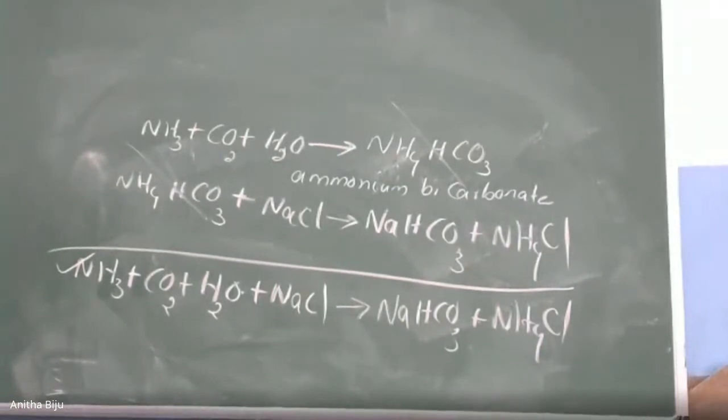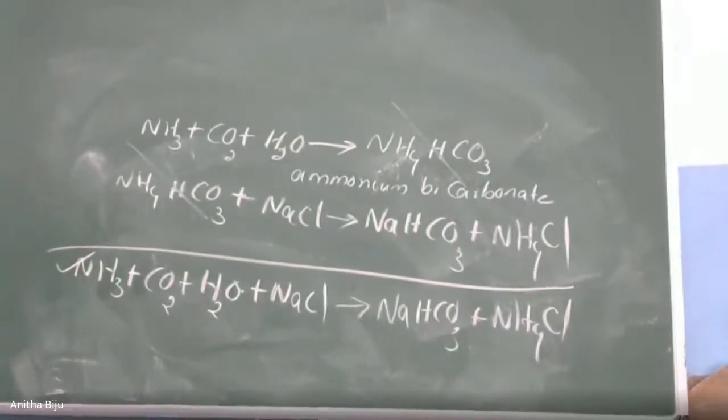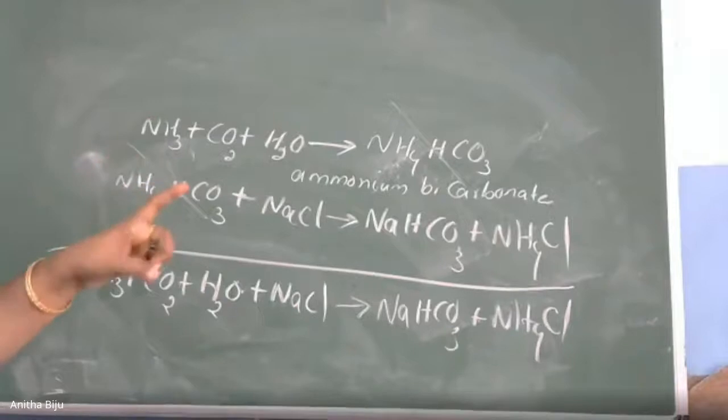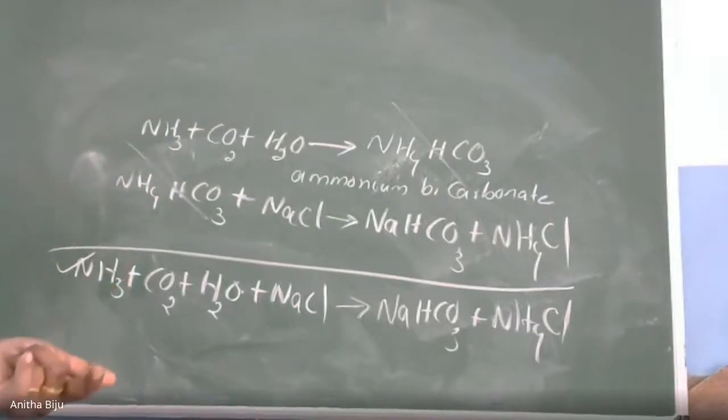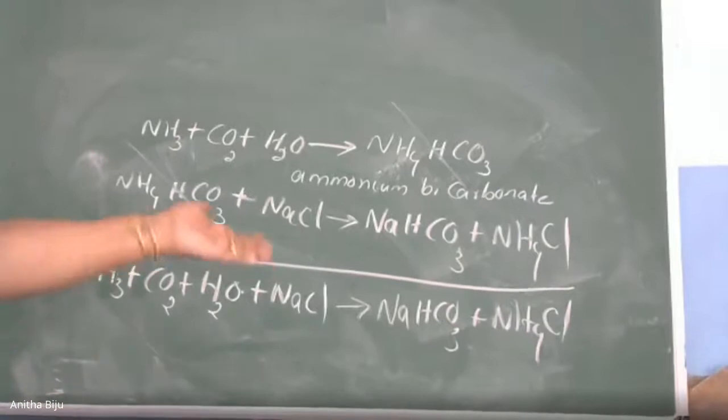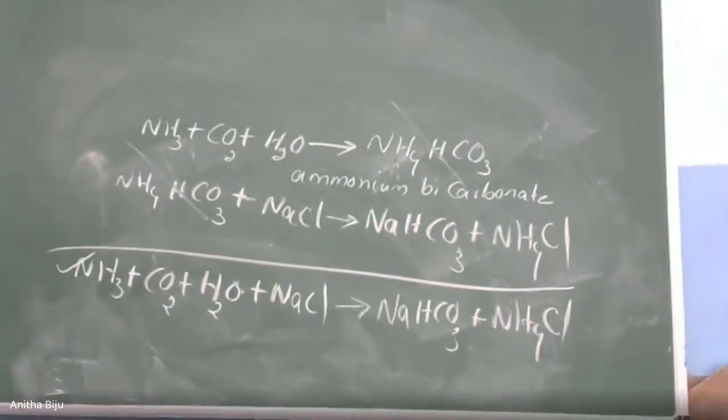Out of which sodium bicarbonate, that means baking soda, is partially soluble in water. That's why we can precipitate it. It is a very long equation. Of course, it is long, but it is easy to remember. You can remember this sentence: ammoniated carbon dioxide when passed through brine solution. So it is understood 4 components are there, 4 reactants. Then it is easy to write the product even.